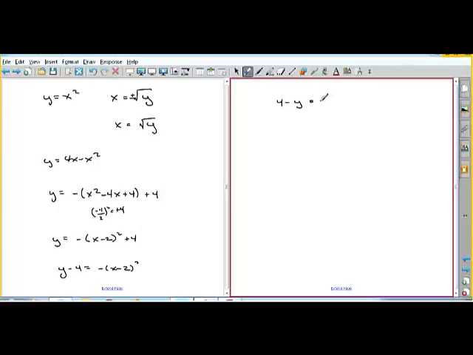We would multiply by negative 1. I'm just going to change the order of those. So we'd have x minus 2 squared, and take the square root. We get plus or minus the square root of 4 minus y is equal to x minus 2. Then we add 2, and you get 2 plus or minus the square root of 4 minus y.